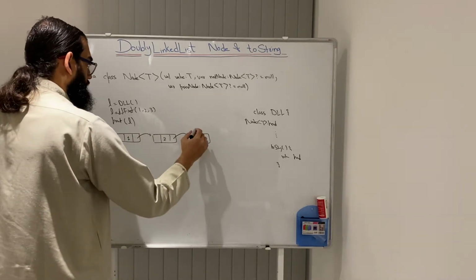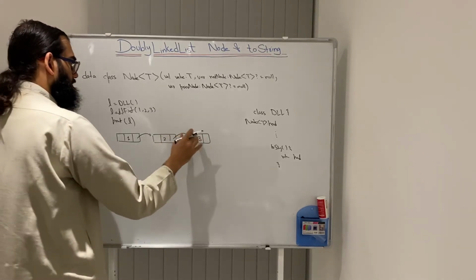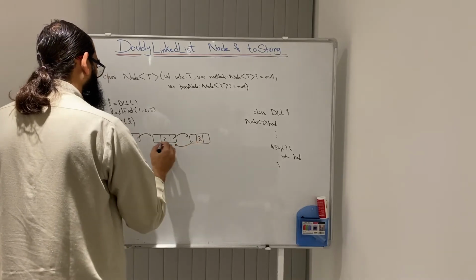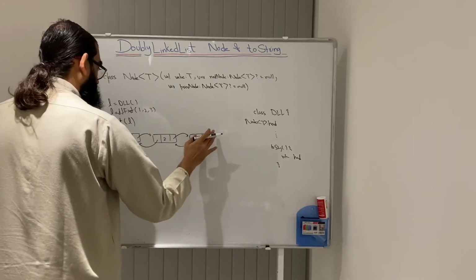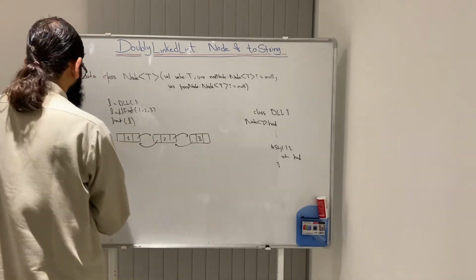Okay, now we are here. We called 3, and 3's next node is null. So 3's next node is null, nothing will happen.